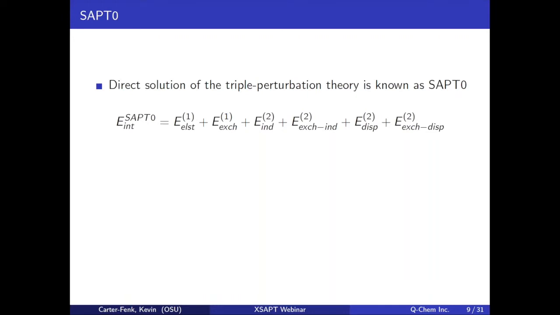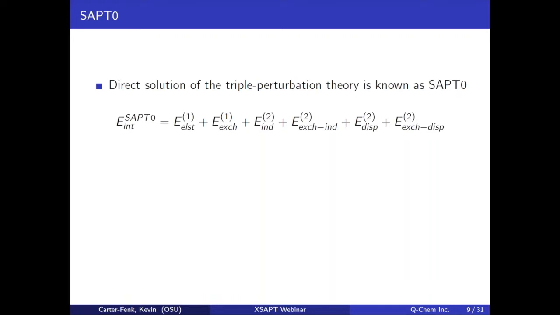And the terminology SAPT0 refers to a SAPT expansion with a Hartree-Fock reference state that is taken out to second order like this, because at second order, that is the first order of the perturbation series at which all of the interactions first appear.